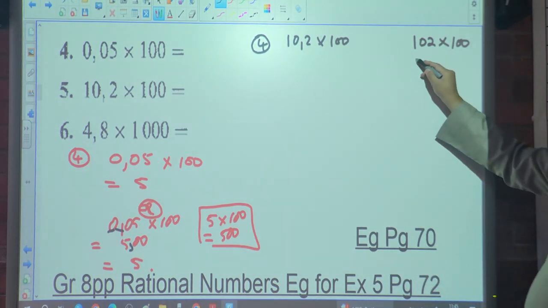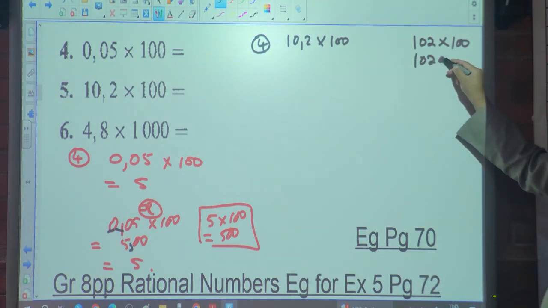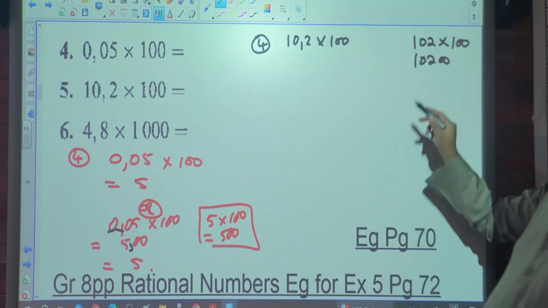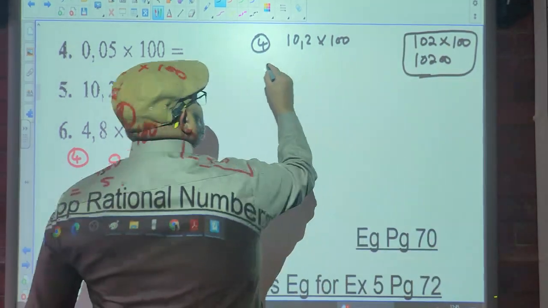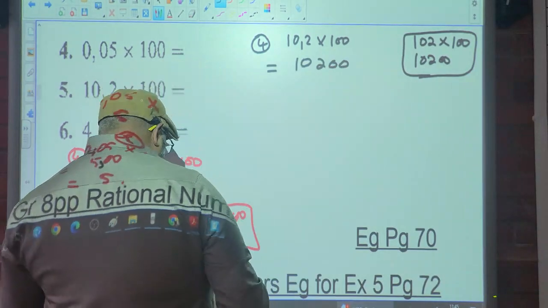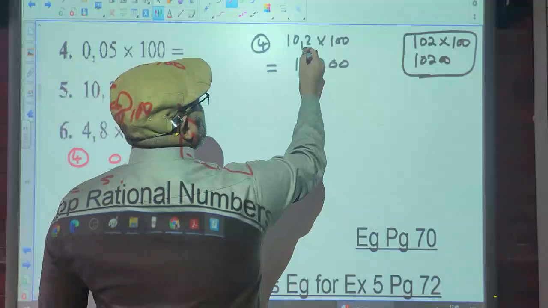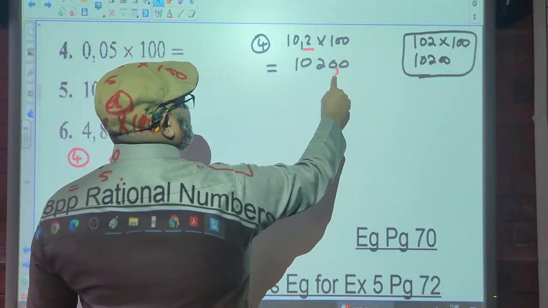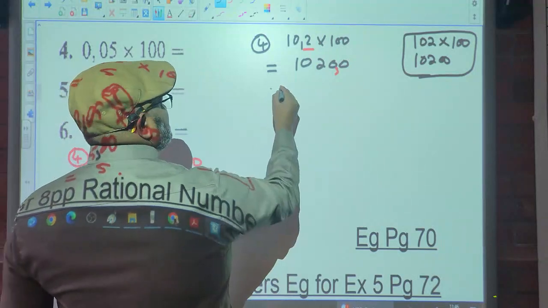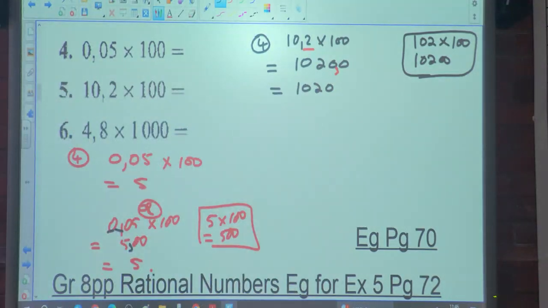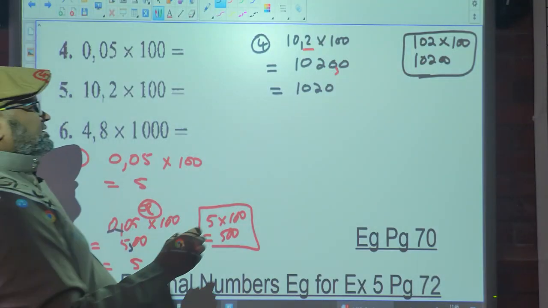So that would simply be 10,200. How many digits are after the comma? 1. So I must move that by 1. So that is simply 102. You see that, people? Yes, sir.